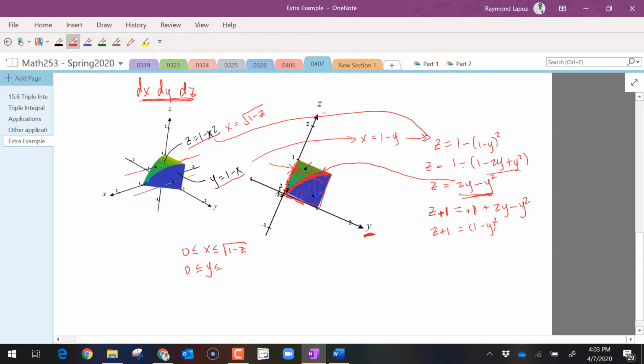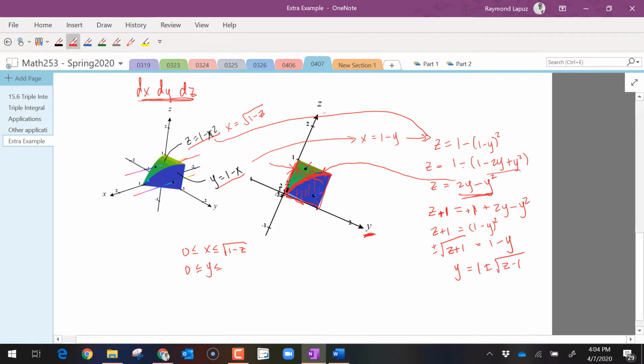So if I continue to solve for y, let's take the square root of both sides, plus or minus. I'm going to put plus or minus here because I'm not sure which way to go yet. And then let's bring this y over to the other side. So this is equal to 1 plus or minus the square root of z plus 1. Now, we have to choose which one it is, the positive or the negative side.